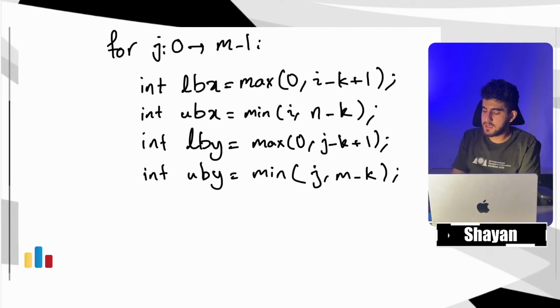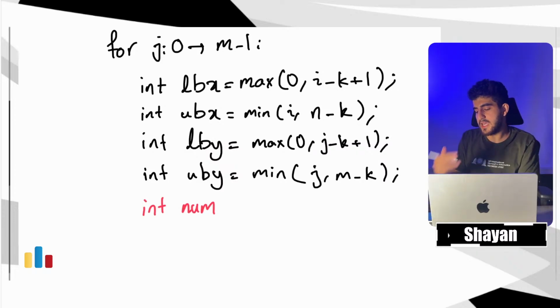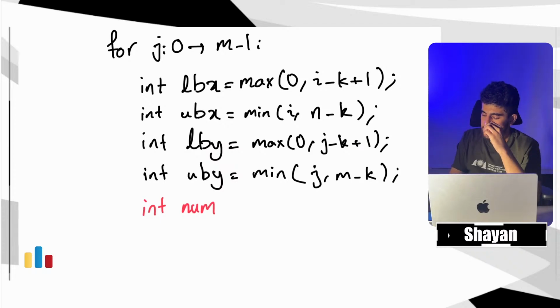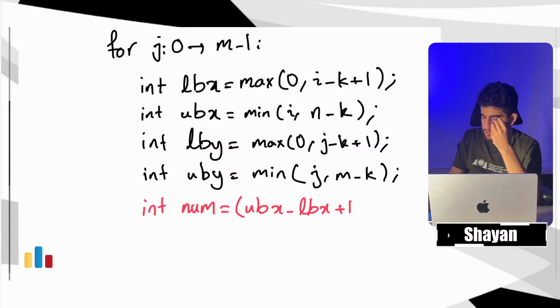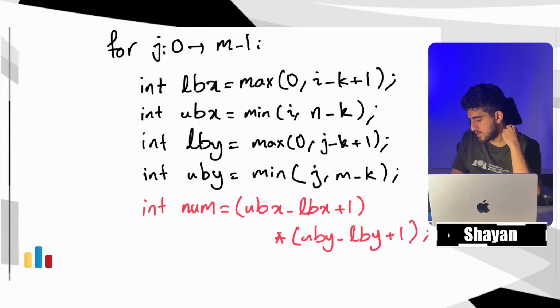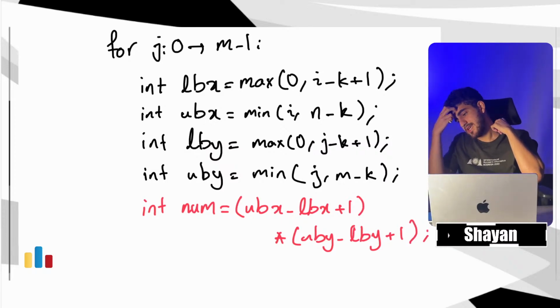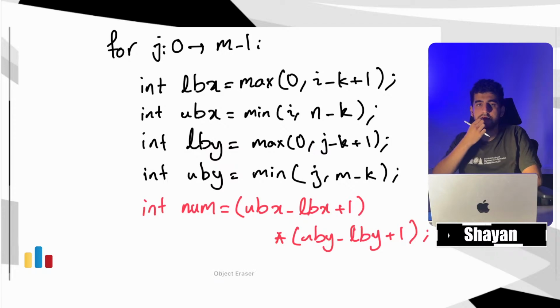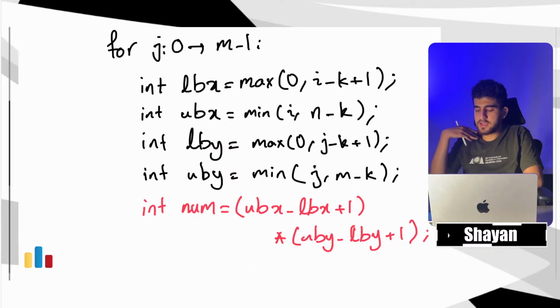So the number of k by k's that cover this cell is equal to ubx minus lbx plus 1, times uby minus lby plus 1. This way I can easily find how many k by k's cover this cell, and I can store all of these counts in a vector.